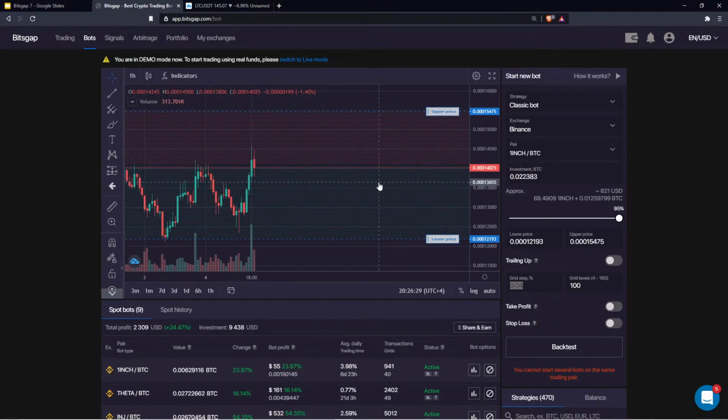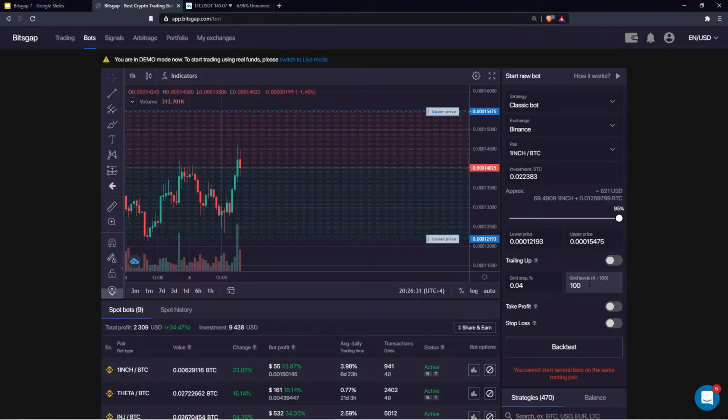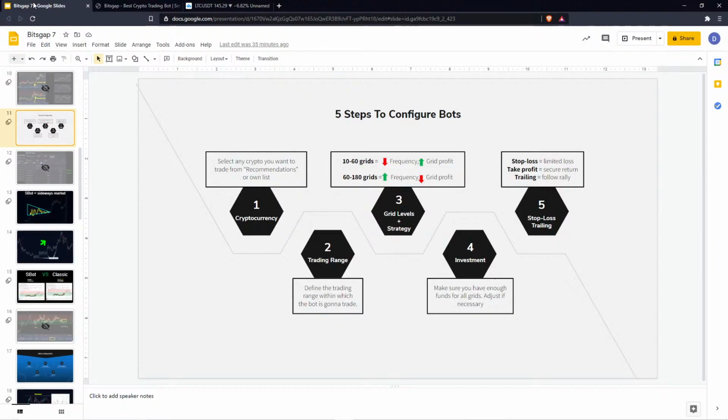But since you have so many grid levels within this trading range, this amount offsets the diminished profit that you get per grid level. So what you end up with is pretty much the same results.